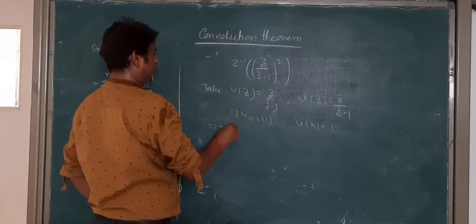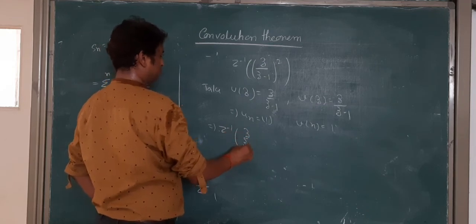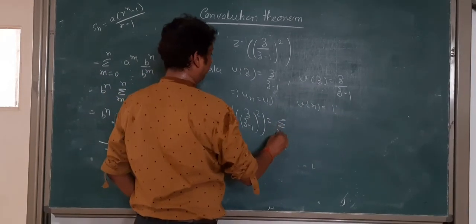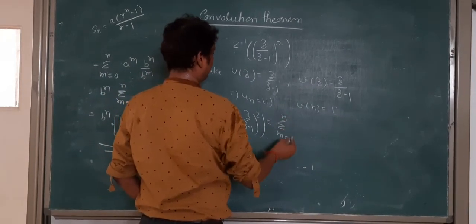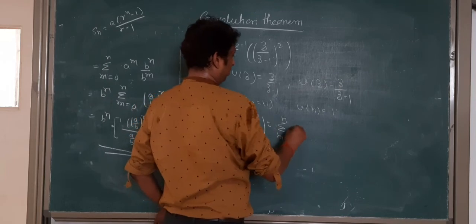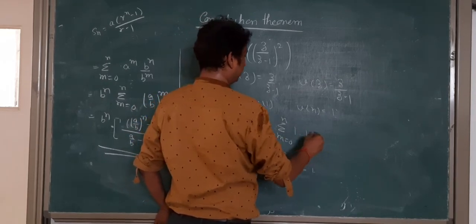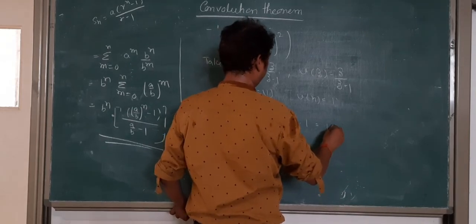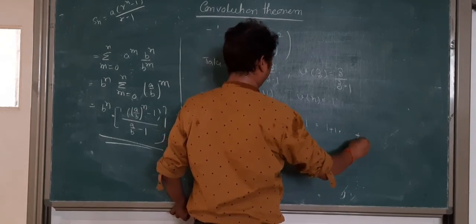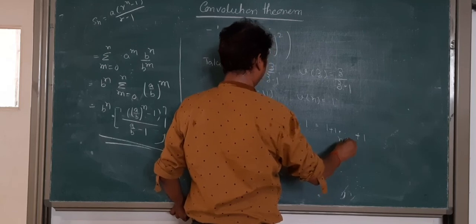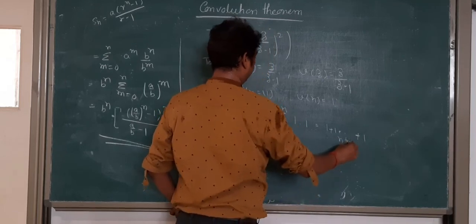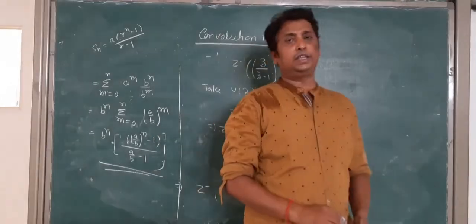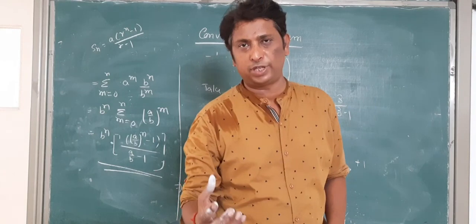Use the convolution theorem, summation m from 0 to n, u(m) is 1, v(n minus m) is 1. So 1 plus 1 plus 1, how many times? n times. What is the value? n. That's all. In this way we can use the convolution theorem.